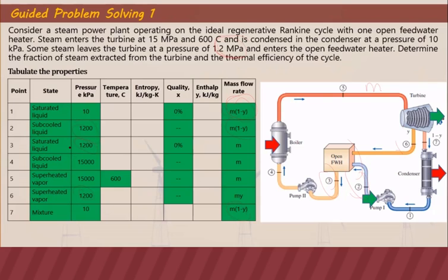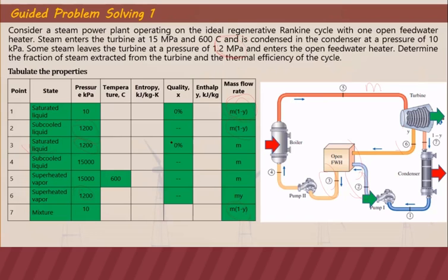At point 3, one of our assumptions is that everything that comes out of the exit of our open feed water heater is assumed to be a saturated liquid. Since the exit is point 3, this is a saturated liquid. The pressure again is the same as the pressure at 6 and 2.